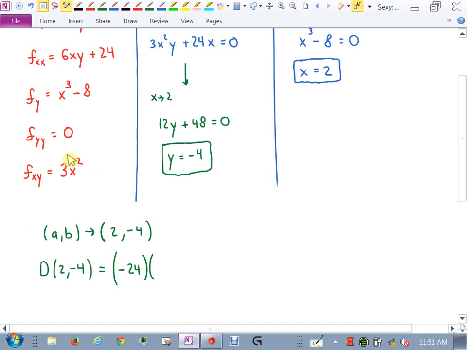And then fyy is 0. So I didn't even have to really do, well, did I need fxx? I might have needed it later. If D turned out to be positive, I might have needed it. It's not going to happen in this case, but do you see what I'm saying? We still may have needed that actual number.